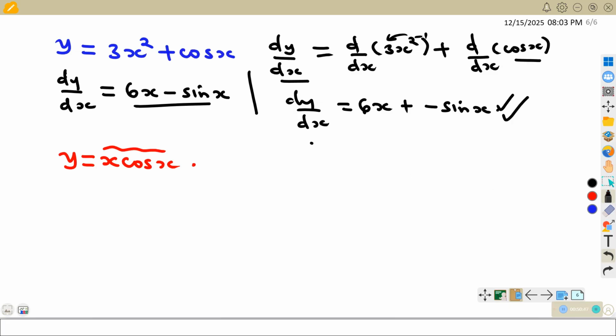Anyone who remembers how the product rule states, if you have y equals uv, where u and v are functions of x? Anyone who recalls that?